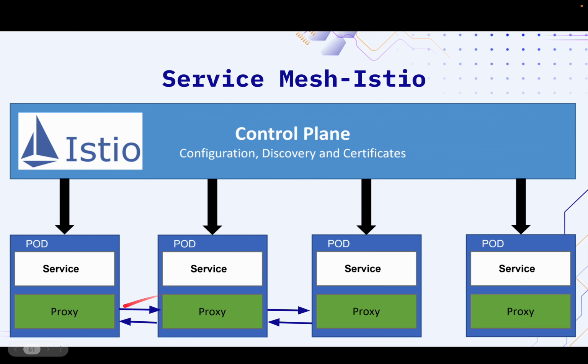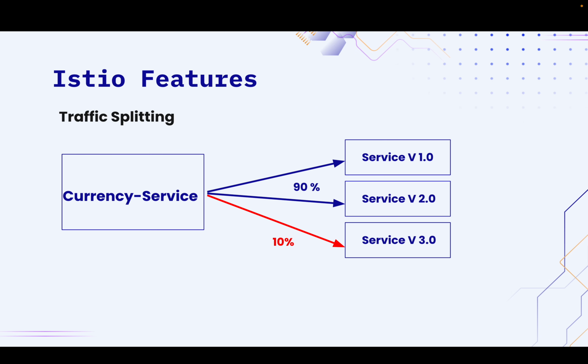Now you can have some security logic in each of these proxies, and that is how you can make your microservices more secure. That's one use case. Another use case is traffic splitting. You can use Istio to split the traffic between multiple versions of your application.